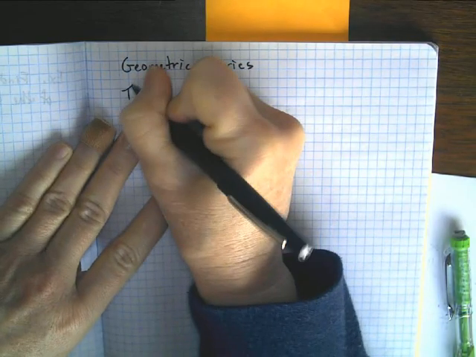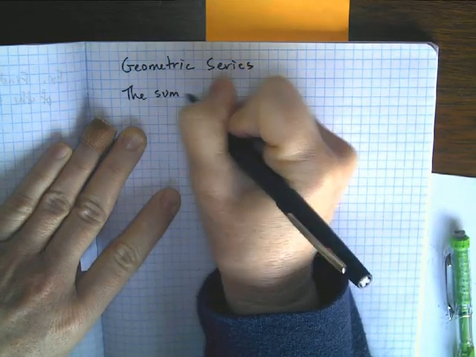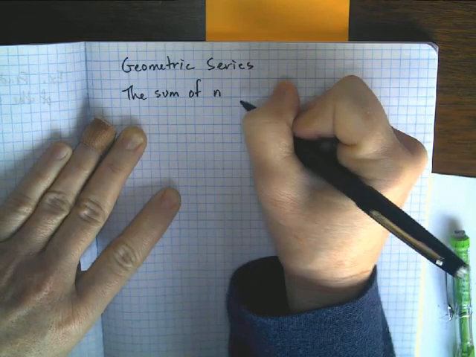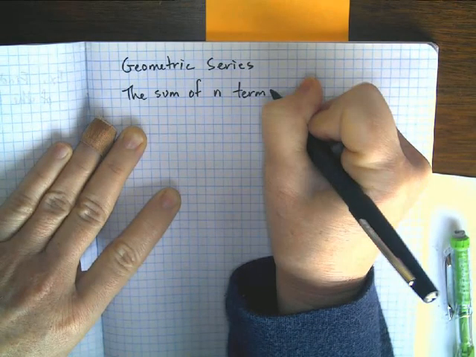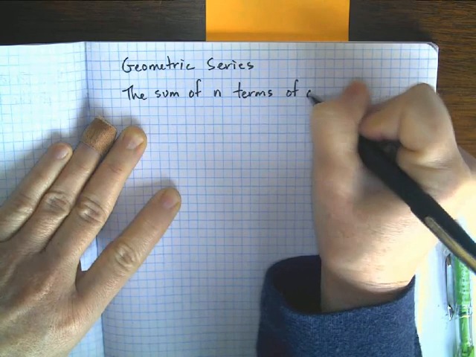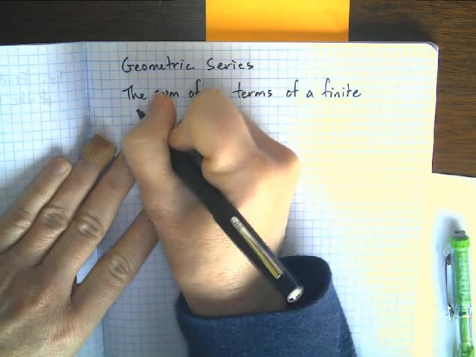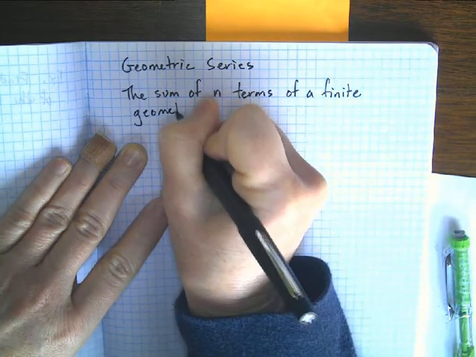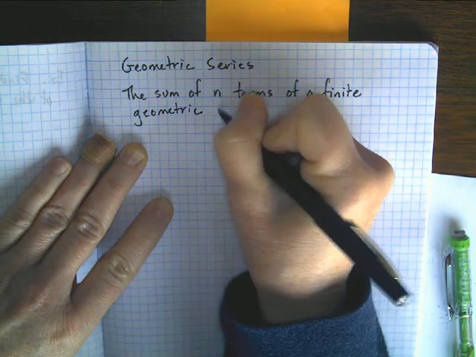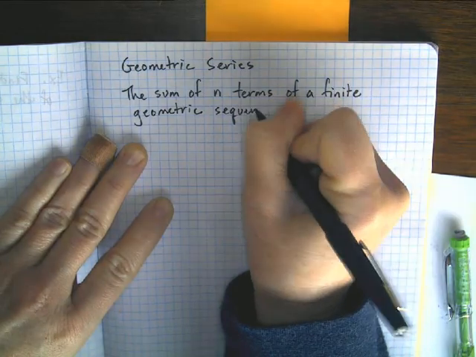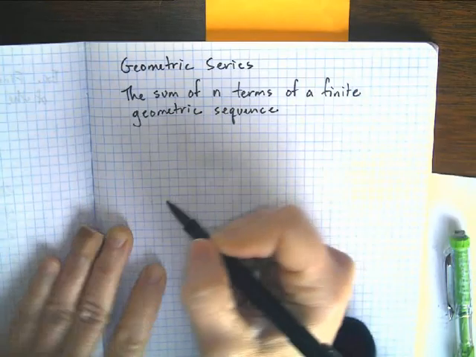The sum of n terms of a finite geometric sequence, and I'll get back to what that means in a minute, it ends up being this.